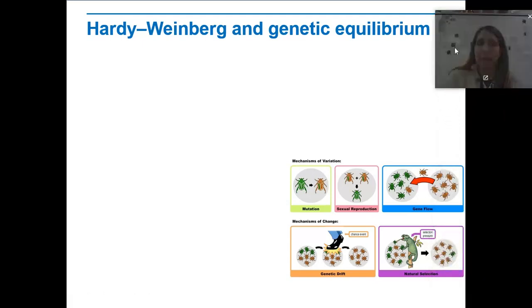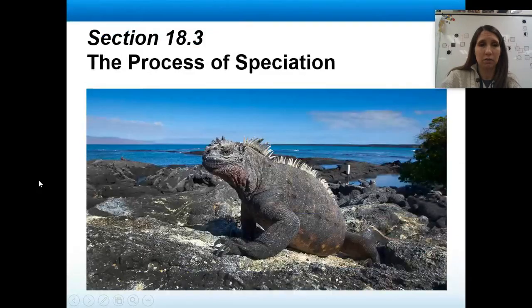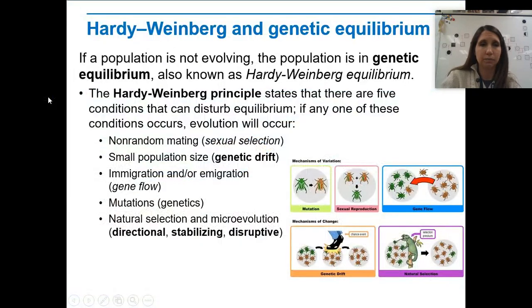So when we think about this process, let me move some things around here. All right. So in thinking about all the stuff we just talked about in this section, all of those processes have to be present if a population is evolving, okay? So any of these conditions can lead to that natural selection process.